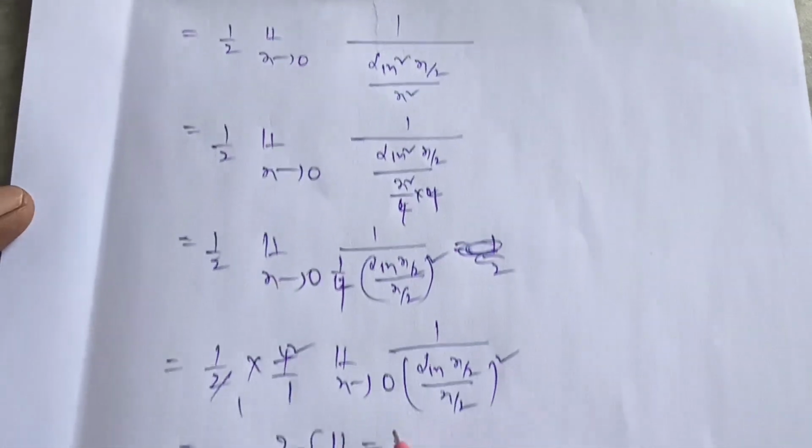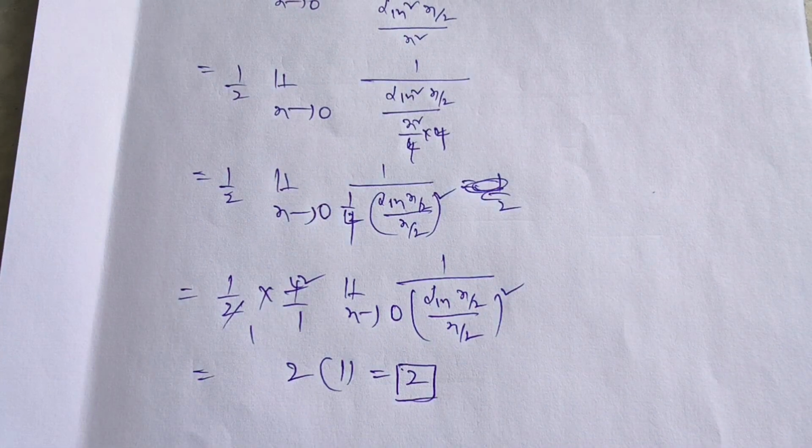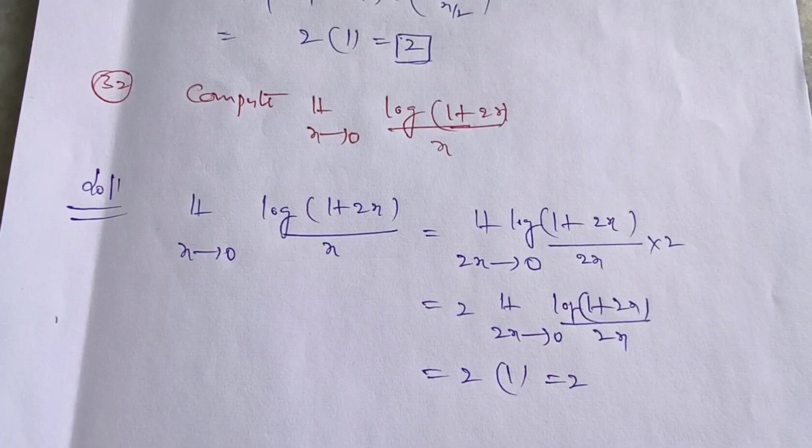So the reciprocal of 1 by 4 is 4 by 1. This is completely an identity form, that is 2 into 1 equals 2.